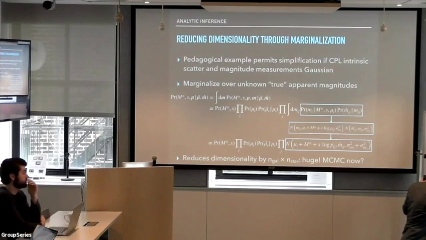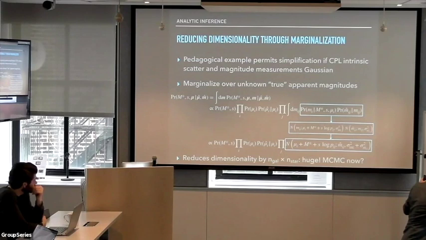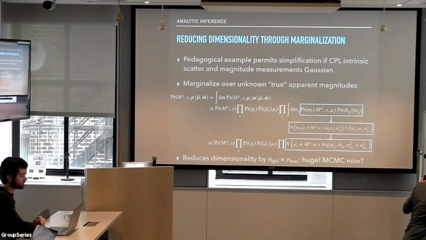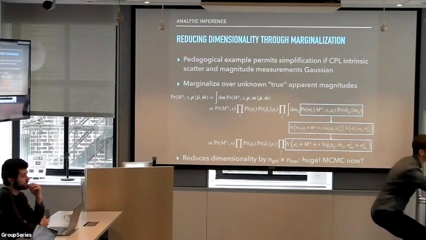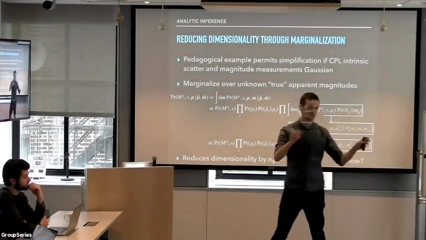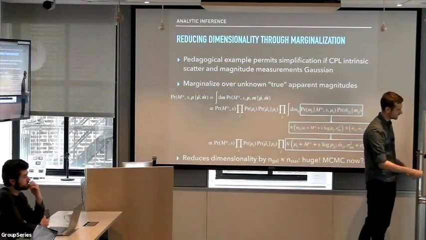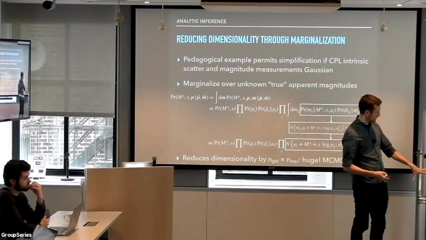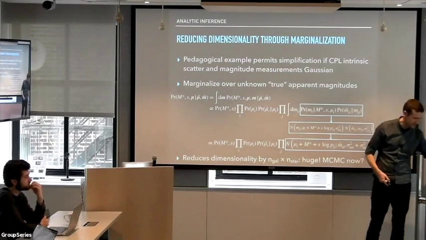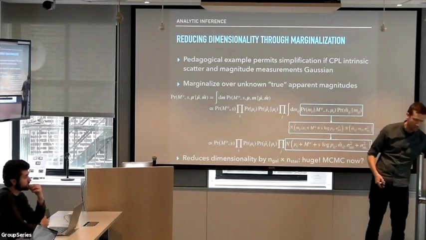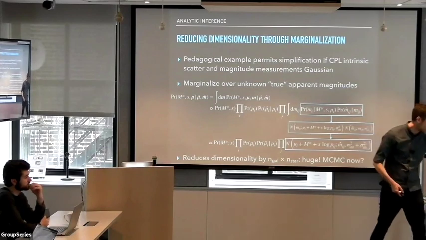It's something like this. This is just like completing the square and rearranging terms. It's exactly equal. So what you end up with is one normal here that doesn't depend on the true parameter at all, and one that depends on it.